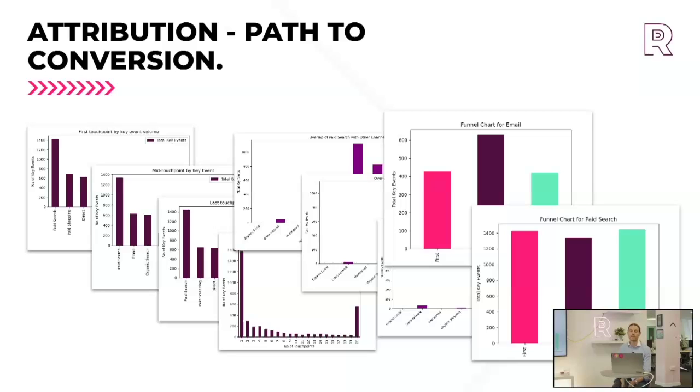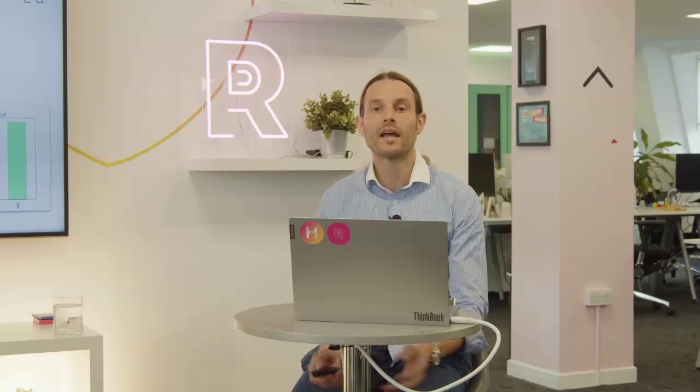It will show you things like channel crossovers, so which channels commonly appear in an attribution path, which channels appear at the beginning of a purchase journey, which appear at the end, which tend to appear in the middle, how many they tend to be in a purchase journey, for example. So that is a tool we have available. So do contact us if you're interested in understanding more about your path to conversion.